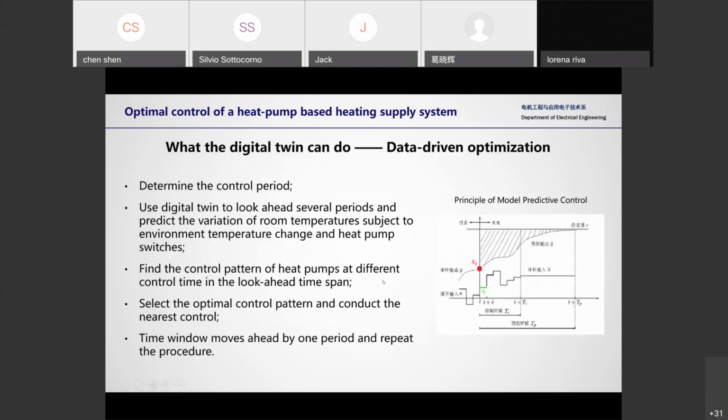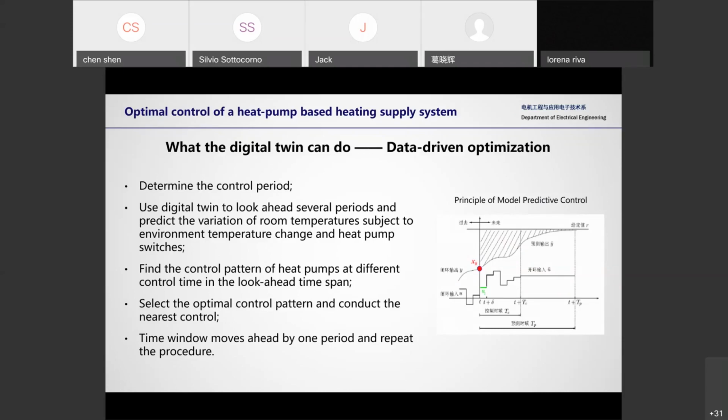The second thing that the digital twin can do is to do data-driven optimization. How to do that? First, we determine the control period. Then we use the tuned digital twin to look ahead several periods and predict the variation of room temperature subject to environment temperature change and heat pump usage.